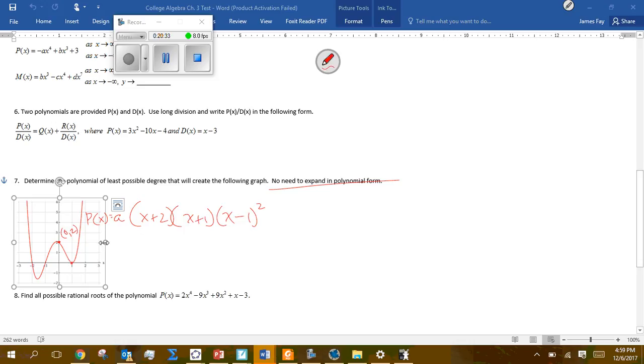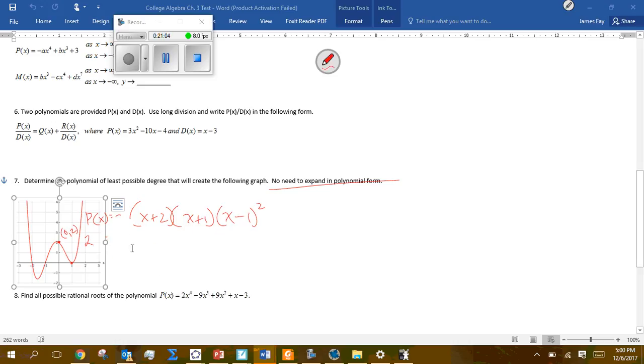So if x is 0, I would get 2 there, 1 there, -1 there, squared, which is +1. Multiply all those things together, you get a y value of 2 to equal 2a. So a is 1. Whether you did that or not, that's okay, but you get your a to be 1.